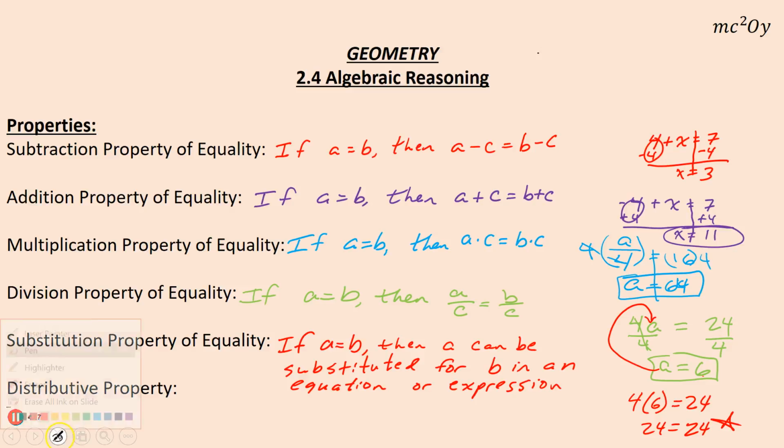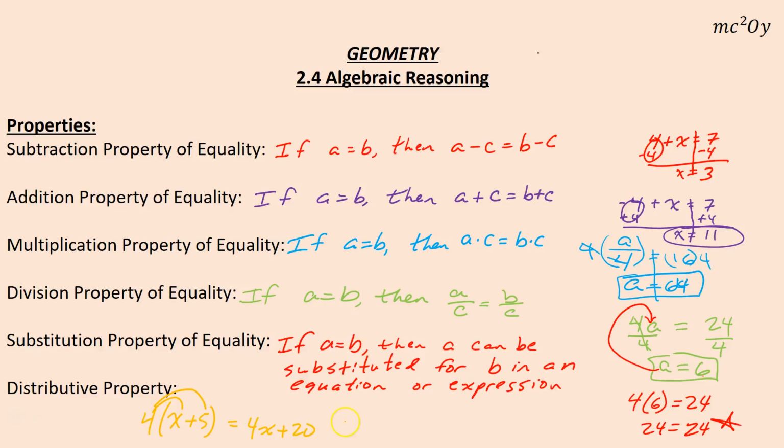Distributive property. Many of you recognize that term. So I'm just going to give an example. 4 times x plus 5 equals 4x plus 20.